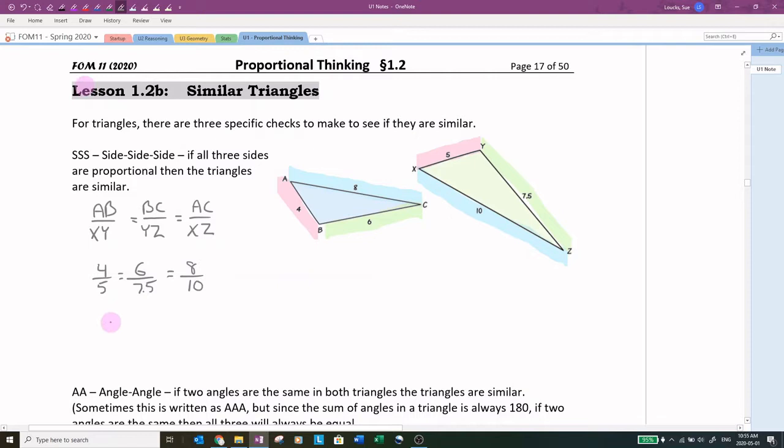And if I put those into my calculator and get a decimal for them, they're all 0.8. So this tells us that the sides are proportional, that the ratios of one to the other are the same. And because these are equal, side, side, side, all the sides are proportional to each other, therefore the triangles are similar.